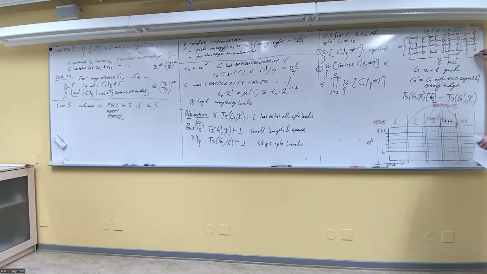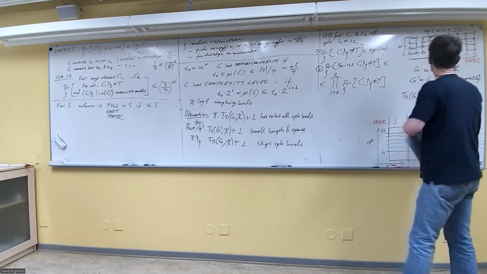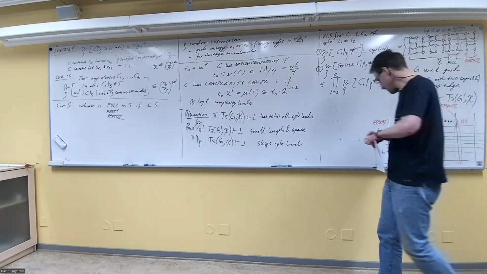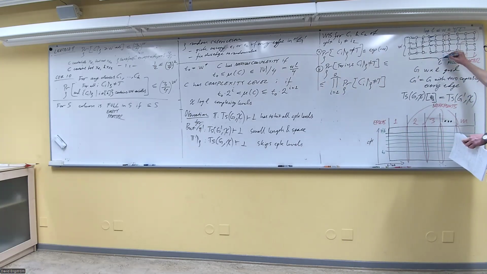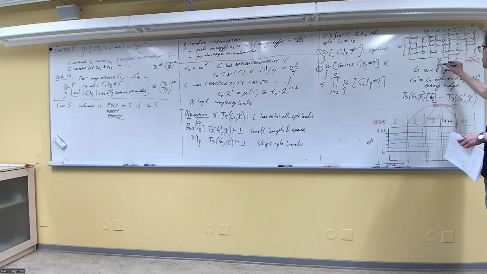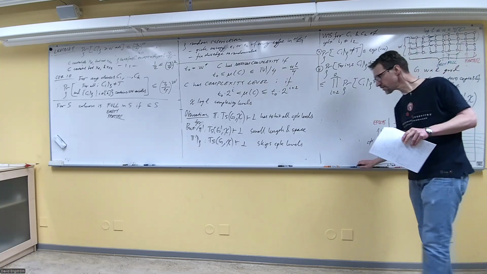These two columns are partial. So S contains some vertices from this column, but not all of them. Let's say this column over here is empty, because it doesn't contain anything. Is the definition clear?